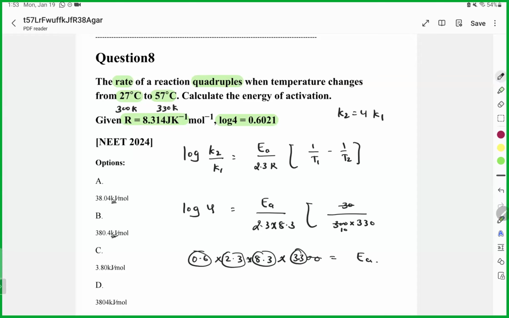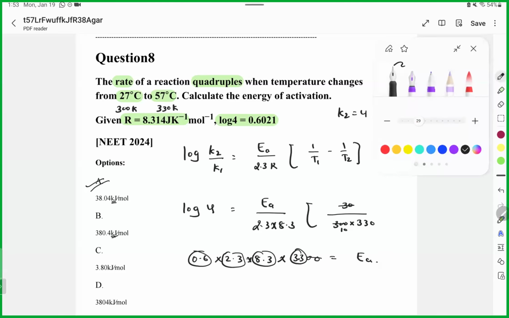What will be the answer? Will it be A, guys? Yes, yes. You don't need to calculate. You see how I did.